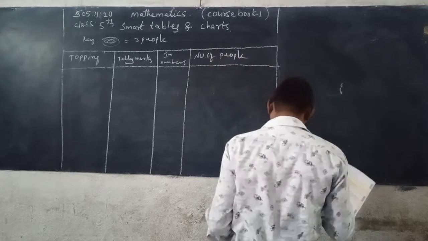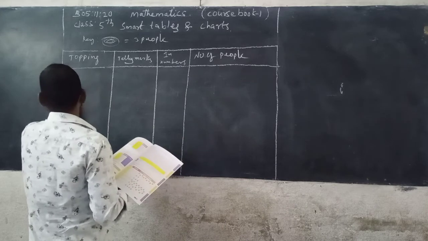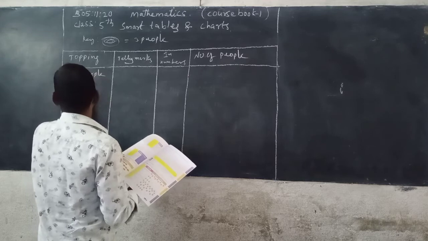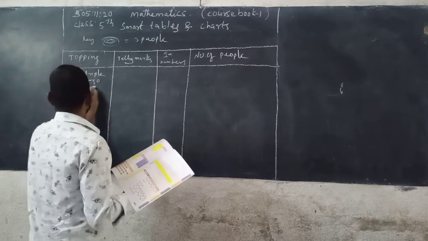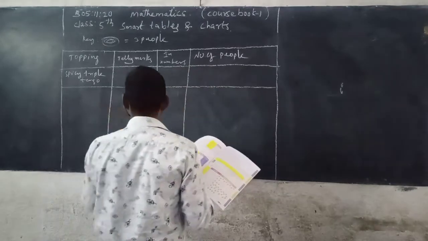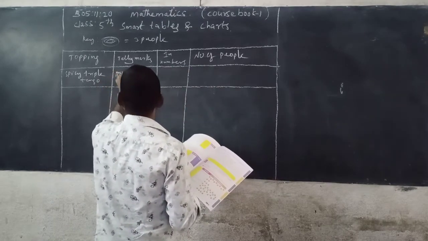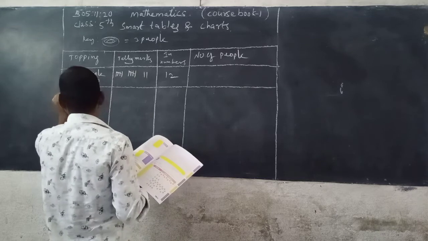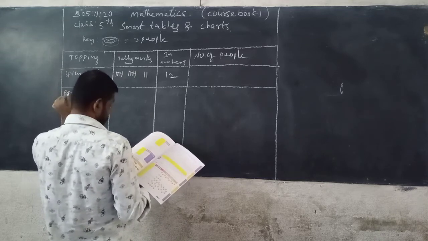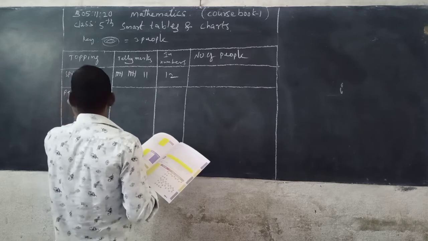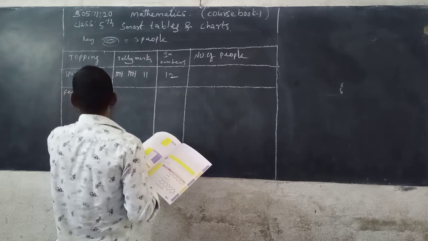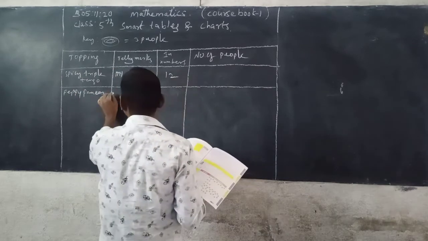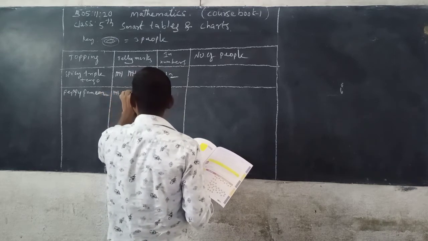Number of people eaten by toppings. See here, first one is spicy triple tango. Tally marks 12: 1, 2, 3, 4, 5, 1, 2, 3, 4, 5, 12. Next, pepper paneer, that is 18.